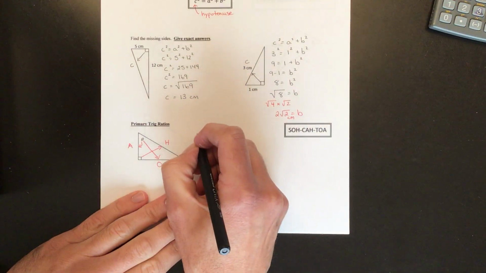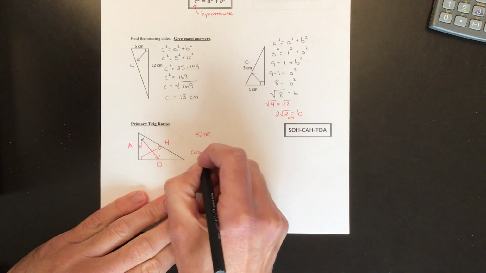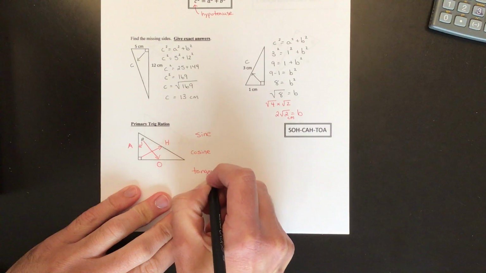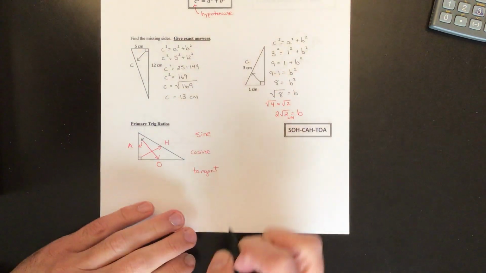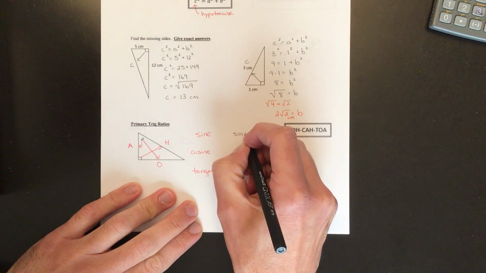So our 3 trig ratios are sine, cosine, and tangent. And those are trig ratios based on the ratios of the two sides. So for sine, the short form is just sin.